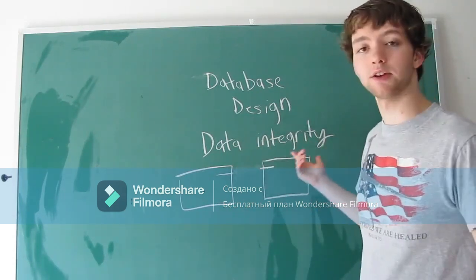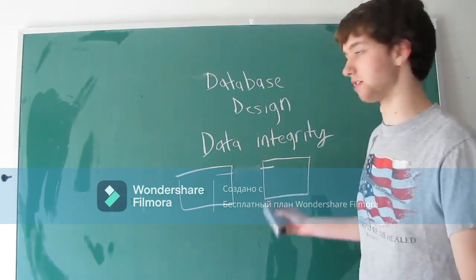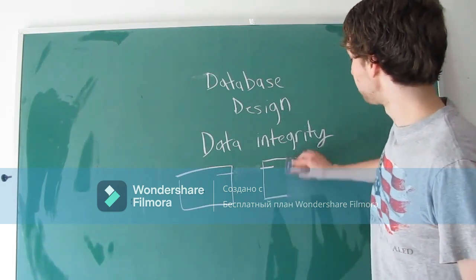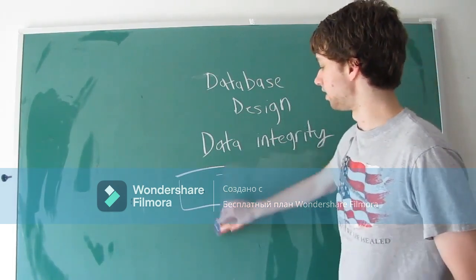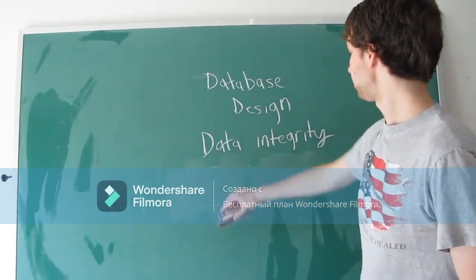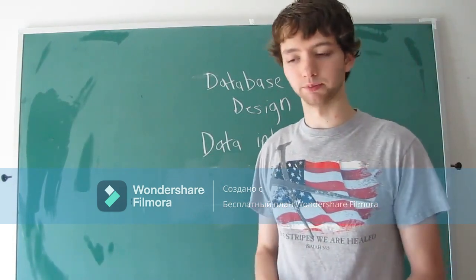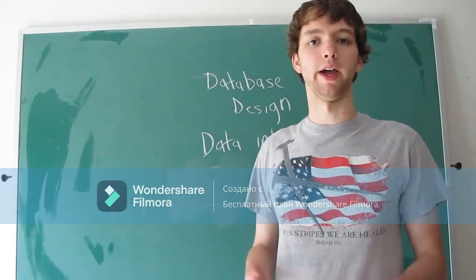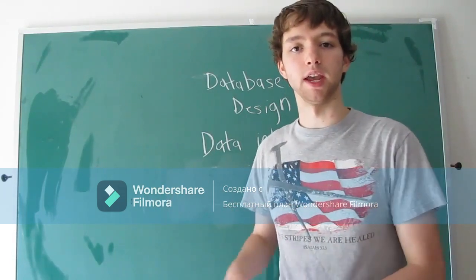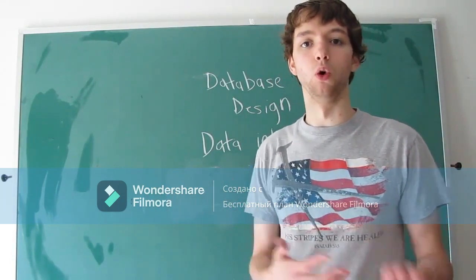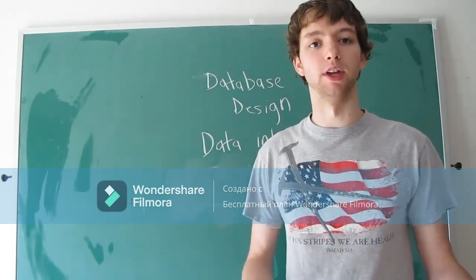That's a data integrity problem because the data is not managed properly. So with a well designed database, we prevent data integrity issues. All of our data is up to date. We don't have repeating data. We don't have old data that should not be in there.